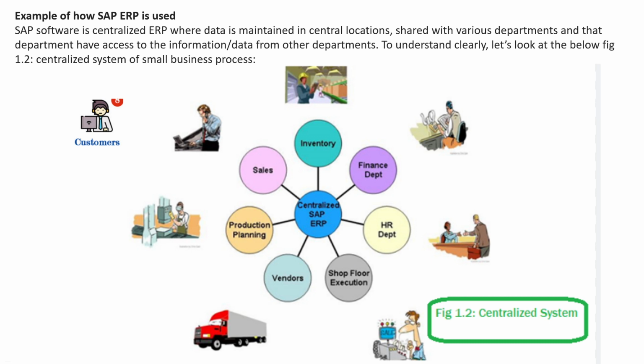Then the shop floor department will have access to SAP and they contact the HR department in advance for labor arrangement, so that labor cost will decrease. And the vendor invoice will be updated in the SAP system by the purchasing department or inventory department, so that the finance department will make the payment immediately, so that we have better customer interaction and improved customer satisfaction.